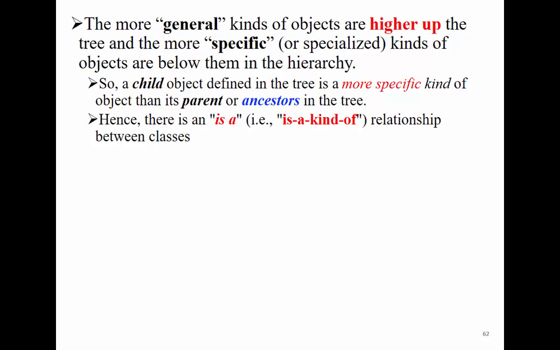Now we are implementing what we call an is a, or is a kind of, relationship between the classes. So we have a child, a more specific kind, and we have the parent or ancestors that have more generic attributes, and the features will be on the top of the class.